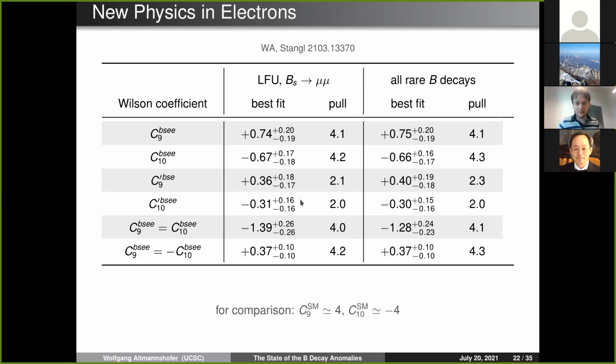And to get an idea of how big this effect is in terms of the absolute new physics contribution to those decays, in those units that are shown here, the standard model values for those Wilson coefficients, C9 and C10, are around 4. And these best fit values, depending on what exactly you're looking at, are around, let's say, 0.4 and 1.4. So these are between 10 and 20-30% new physics effects that one needs at the level of the standard model amplitudes.